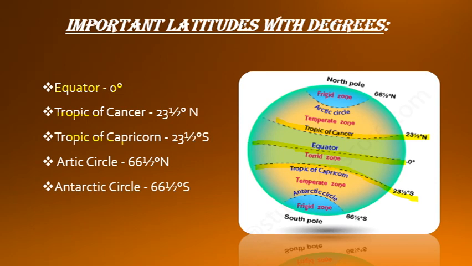Now Arctic Circle at the top, Arctic Circle 66.5° north, and Antarctic Circle 66.5° south. Okay, this was an example of important latitudes with degree.